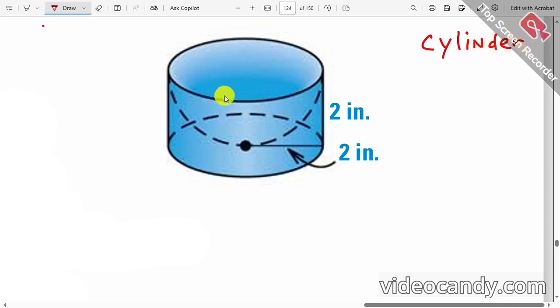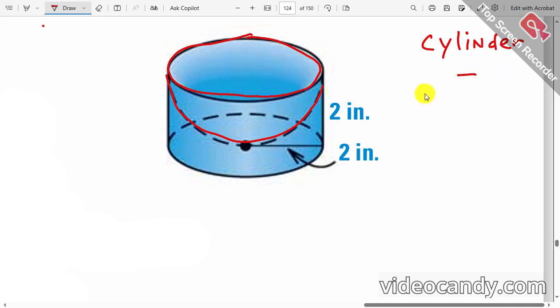And this portion right here, and this portion right here, that's actually empty space, okay? So we're going to have to find the volume of the cylinder and subtract this empty space, and we can see this is not a full sphere. This is basically half a sphere or a hemisphere.